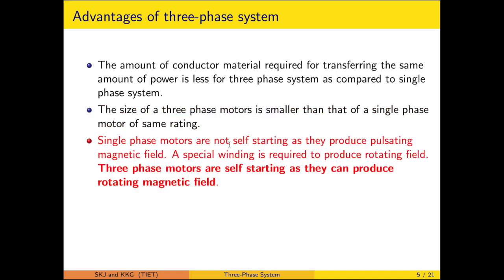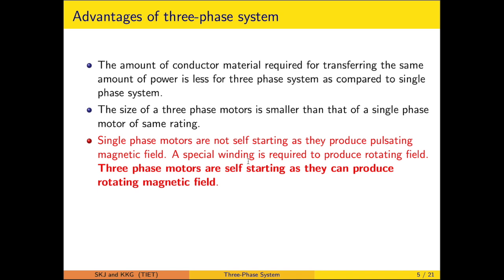One important point is that three phase motors are self starting as they can produce a rotating magnetic field. However, single phase motors are fundamentally non self starting, because they produce only a pulsating magnetic field.